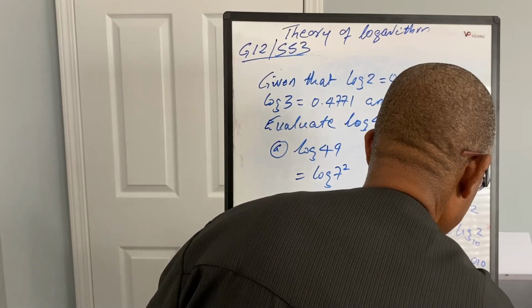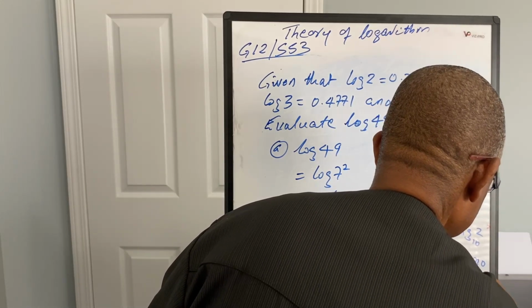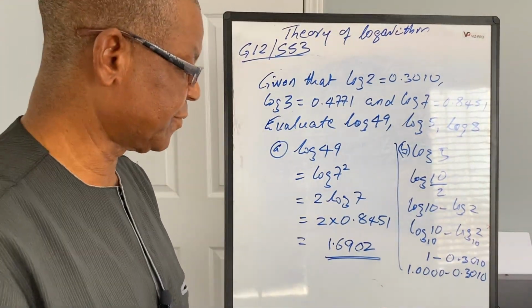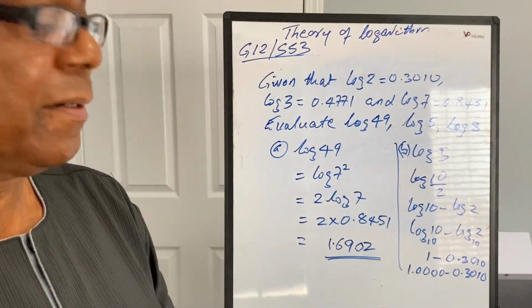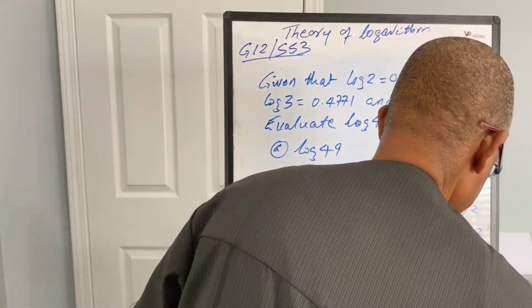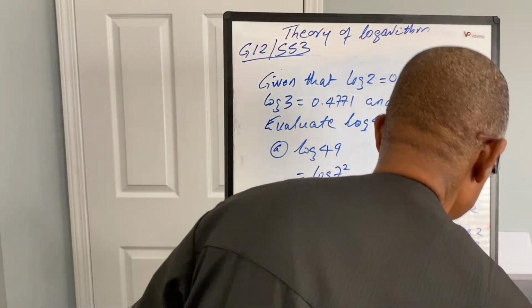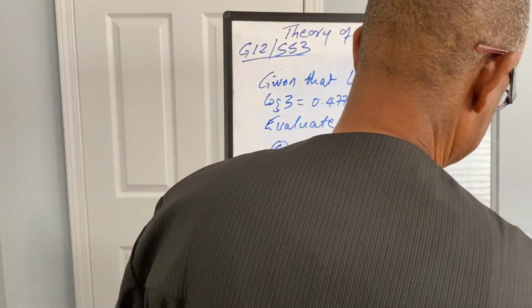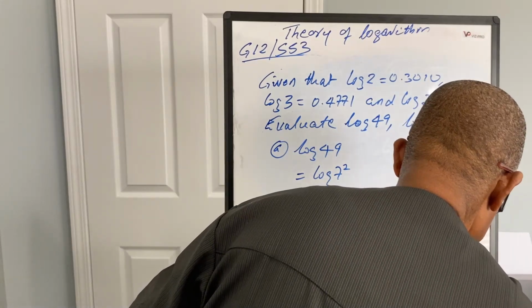We subtract. For clarity's sake, this is 1.0000 minus 0.3010. Of course, at your level, you don't even need this, but for those who may get confused. 0 minus 0 will give us 0. We carried 1 all the way, so this will become 10. 10 minus 1 is 9.